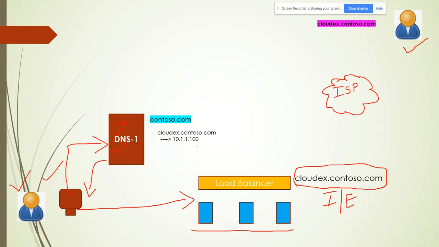The primary DNS server is basically holding the writable copy. Suppose a trusted user is simply accessing and resolving the name and accessing the services. But what happens if any hacker tries to access your server, takes control over your primary DNS server and deletes all the records? Then what happens?